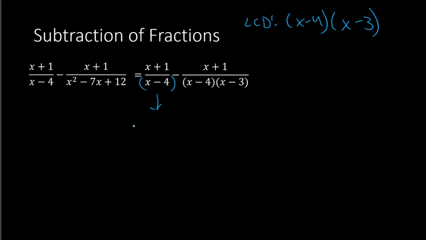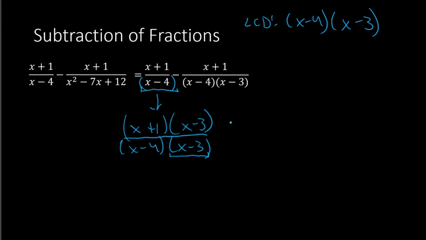So here we can rewrite that with x minus 4 times x minus 3 in the bottom. And notice what's changing is we started with x minus 4, but then we multiplied by x minus 3. So you must also multiply x plus 1 in the numerator by x minus 3 as well.